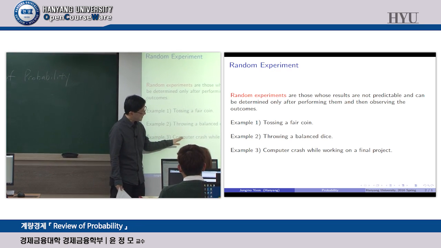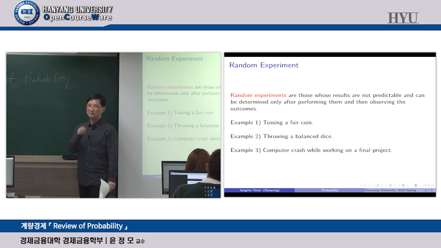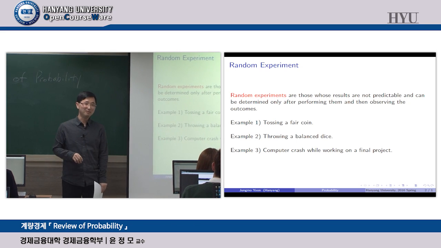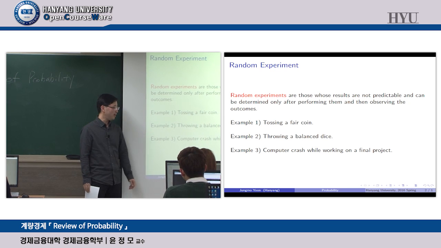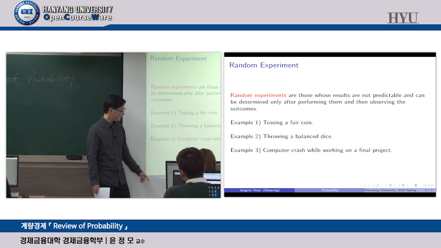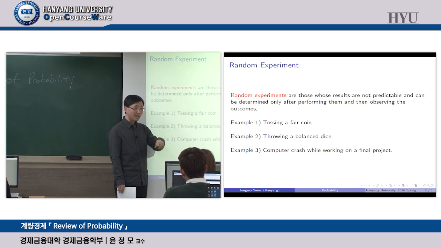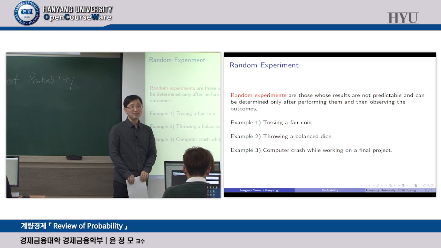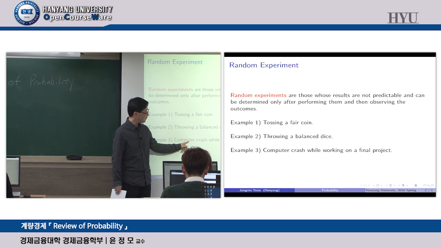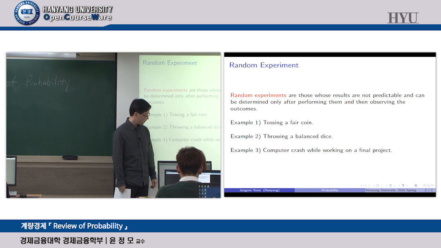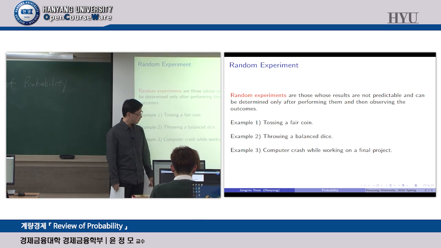Now this is not just a good example, but for some old timer like me, it really happened. Right now the computers are very stable, so it never happens. But when I was at college, it really made a good excuse. The computer just crashed last night, so I couldn't do my homework, things like that. So, a computer crash while working on a final project.